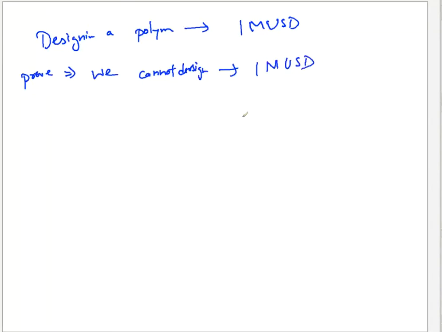So it's a very interesting problem. Proving that it's in the P class, you get 1 million US dollars, and proving that it is not in that class, still you get 1 million US dollars. How it really arrives at that point, we will soon get to know.